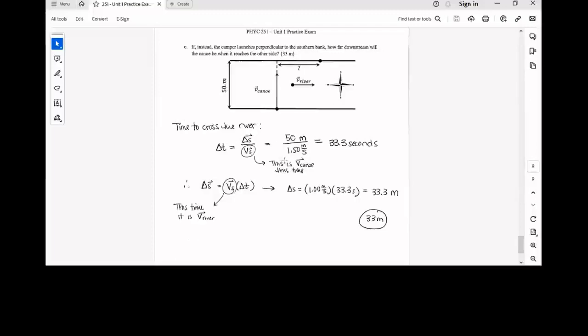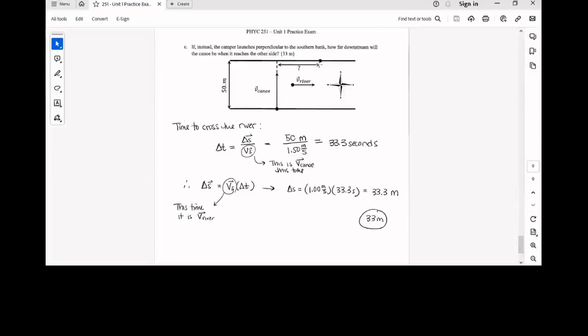So I can figure out what that delta t is by taking delta s, the width of the river, divided by the entirety of the canoe's speed relative to the water, because it's not being angled this time. That's 33.3 seconds. And now the delta S that I have designated here is the unknown.